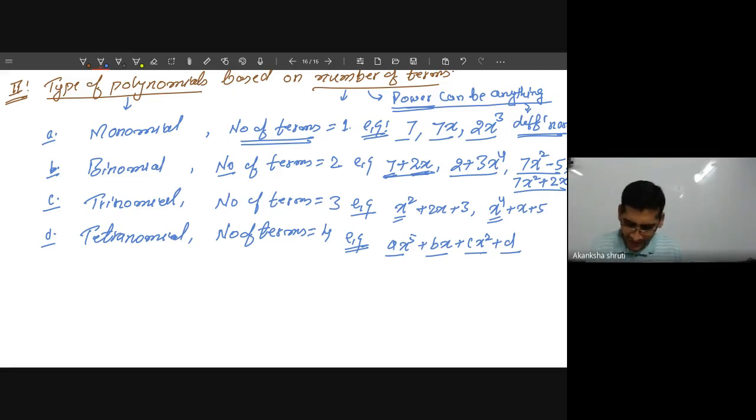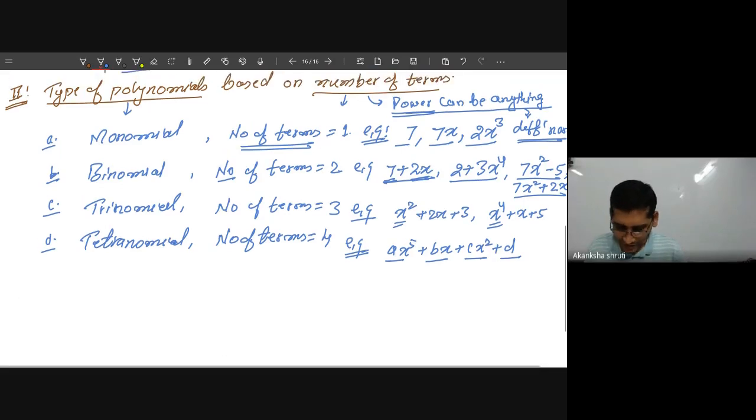Okay. So depending on number of terms, monomial, binomial, trinomial is given. So combining these two, a single name can be written. Okay.